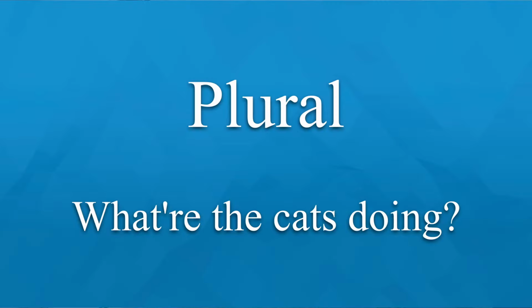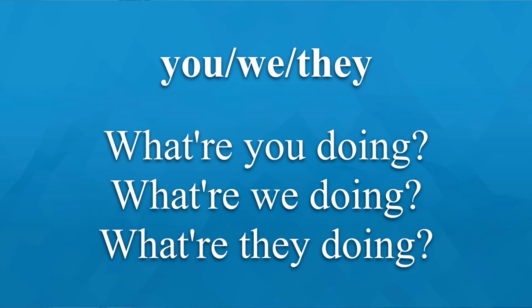But there's one special thing with the WH words, which is that when you use that apostrophe RE, it could be plural, or it could be for you, we, or they.